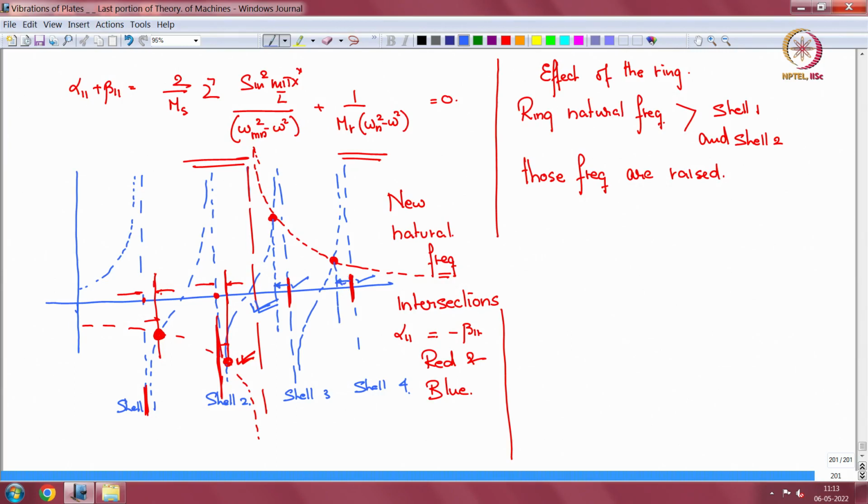Okay. So this ring frequency, when it is above the shell frequencies, it pulls them up. Whereas when it is below this and below this, it pulls them down to here.